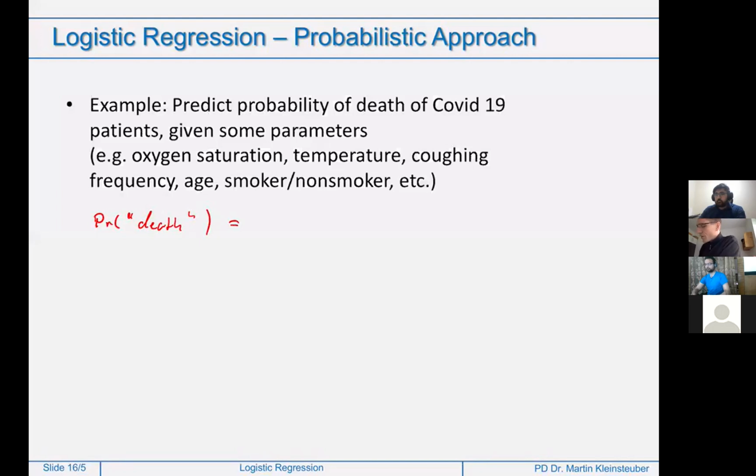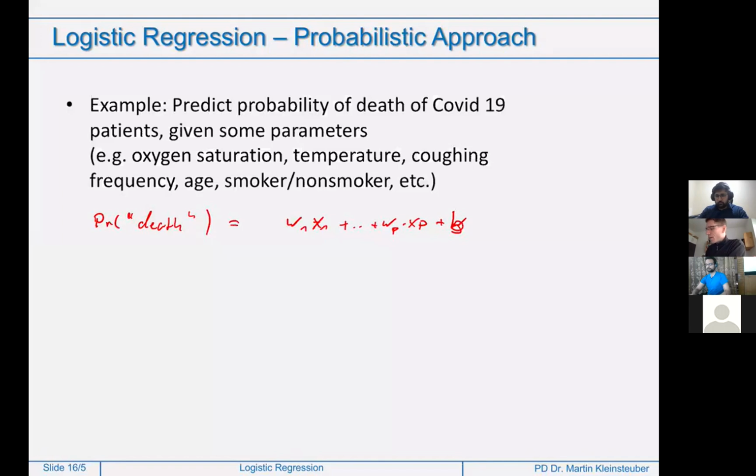The oxygen saturation, for example, temperature, coughing frequency, and so on. So we assume that we have W1 times X1 plus ... WP times XP. We have these P input variables plus some offset, call it B, and so on. And so this probability of death is somehow related to the linear combination of that.